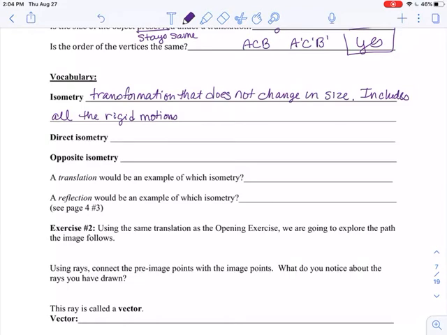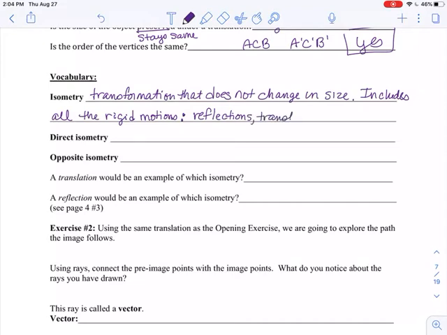So basically, rigid motion and isometry are very similar. Rigid motion is the new word that we are using. Isometry is the word that we used to always use. Rigid motion is a more Common Core word.